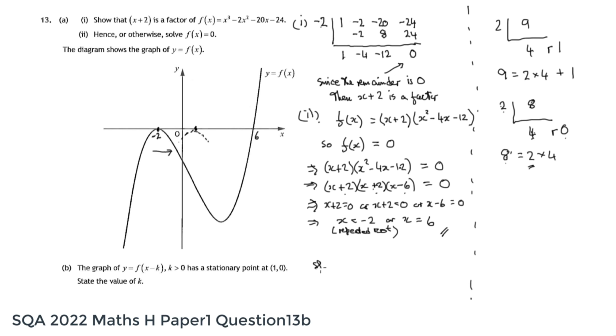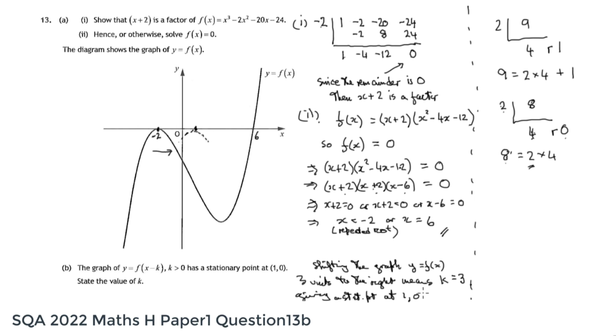So we're saying shifting the graph y equals f of x 3 units to the right means k equals 3, giving a stationary point at (1, 0).